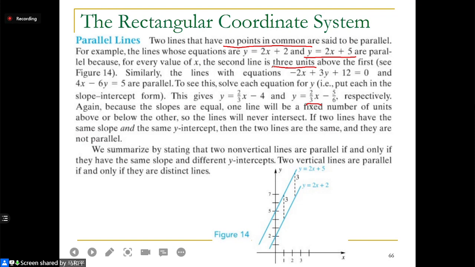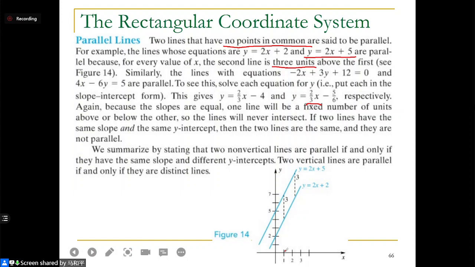This is y is 2x plus 2. This is y is 2x plus 5. For every value of x, this line is 3 units above this line.